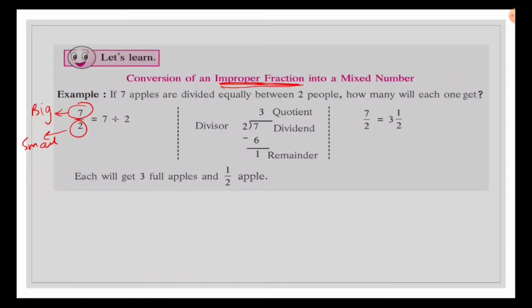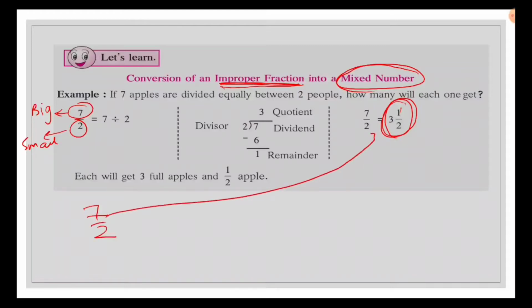Now we have to convert this improper fraction into a mixed fraction. Now what is a mixed fraction? Nothing but 3 numbers. One number is in the middle and 2 numbers are in fraction form, numerator and denominator. So how do we convert this 7 upon 2 into this?